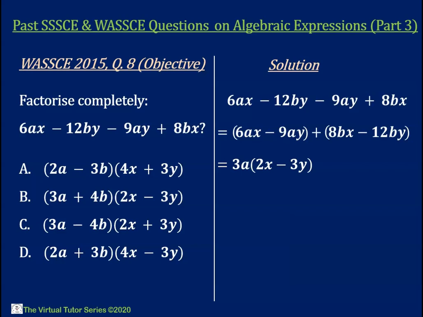So the second group factorizes as 4b into bracket 2x minus 3y. Now, let's put the factors in bracket and set it against the common terms in the brackets. So we have into bracket 3a plus 4b times into bracket 2x minus 3y. Therefore, the correct answer is option B.